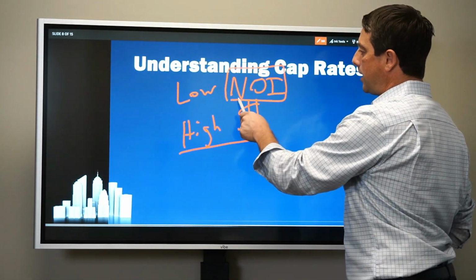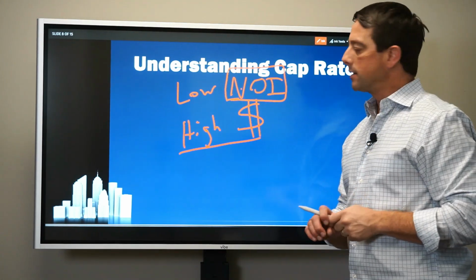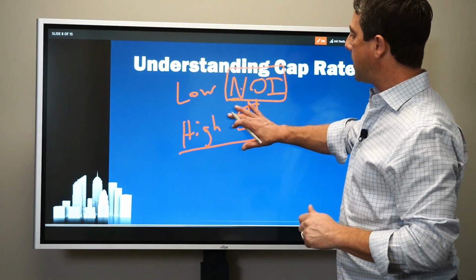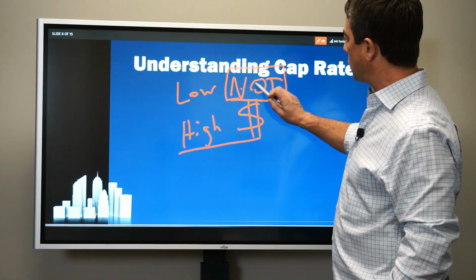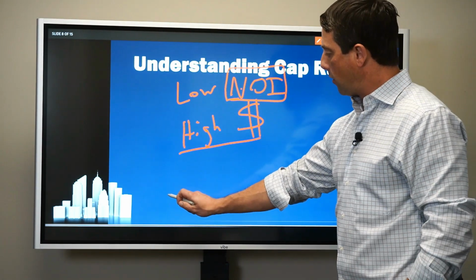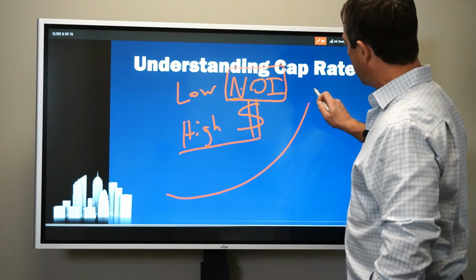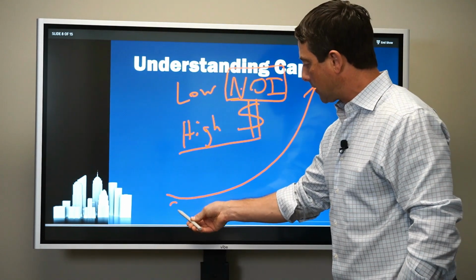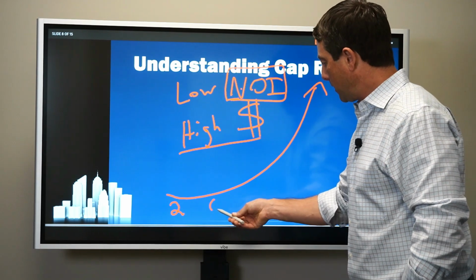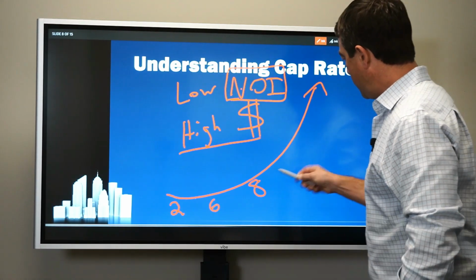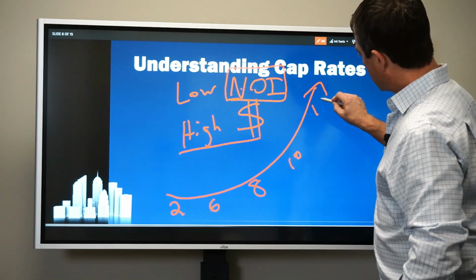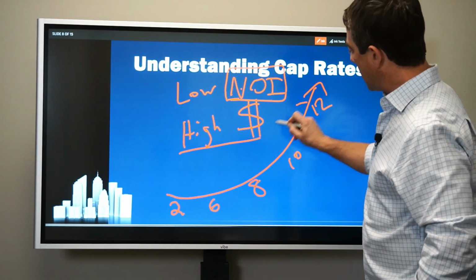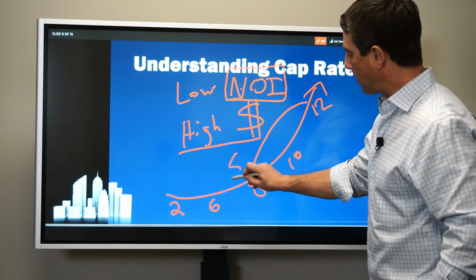Now, if the NOI is low, I like that because that means that the price is probably fine and I have the ability to raise this NOI and over time bring the NOI up, right? And so starting off down here, yeah, I started at that 2 cap rate, but then it went to 6, 8, 10, 12, right? And I was able to sell it back down here for a large profit.